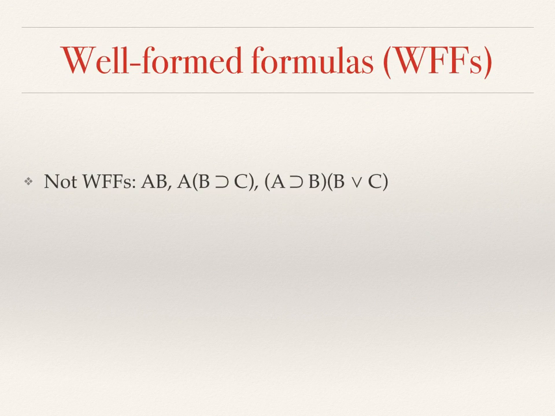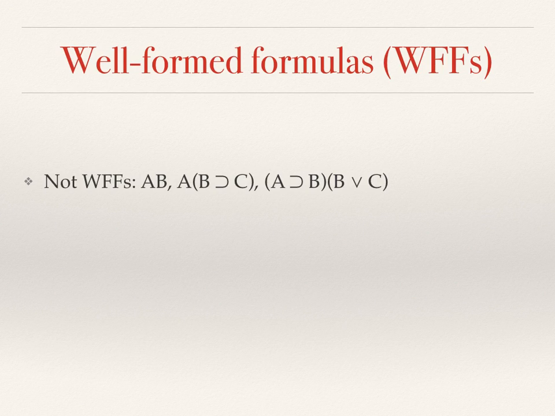There has to be an operator there, so it's not well-formed. The A and then immediately followed by parentheses B implies C. There's no operator between the A and the B. A parenthesis is not an operator. We either need a dot or a disjunction or a horseshoe or the triple bar. We need some operator to connect these statements.